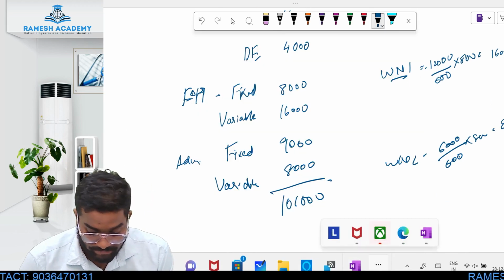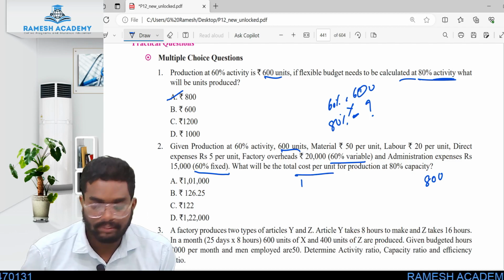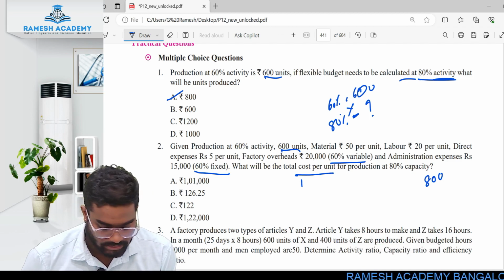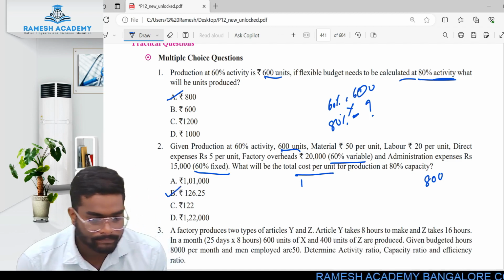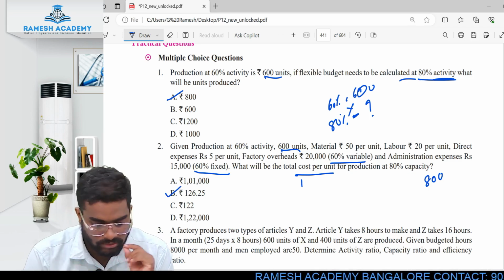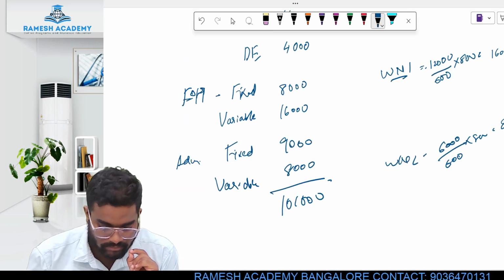This is the total cost. They have asked per unit, so divide 1,01,000 by 800 units. You'll get 126.25. So that is the answer. Simple. If you want, you can copy this.